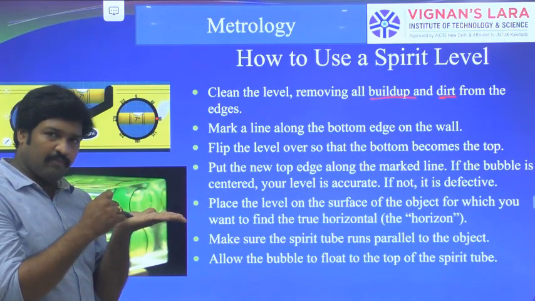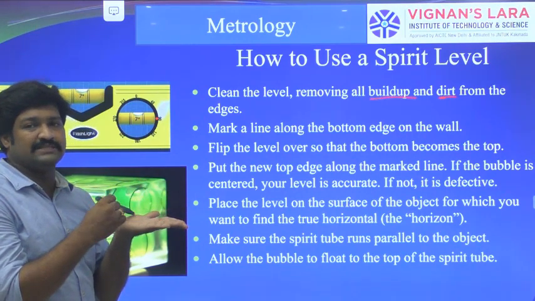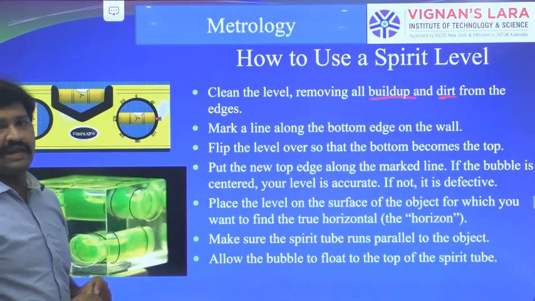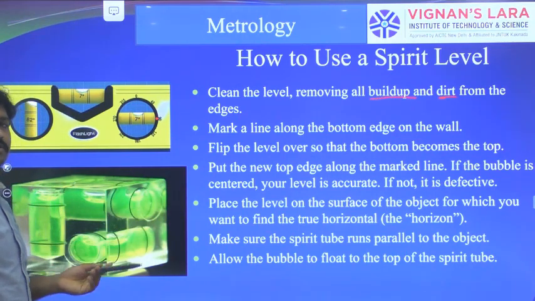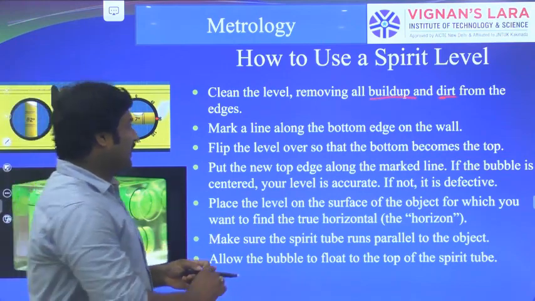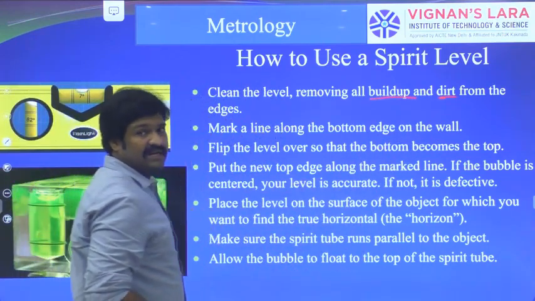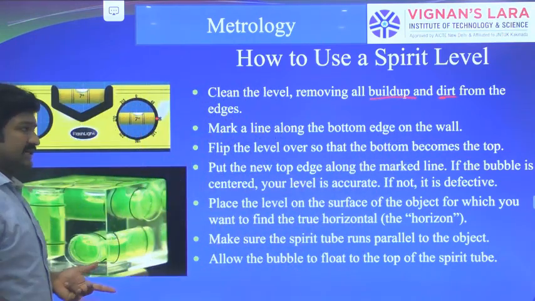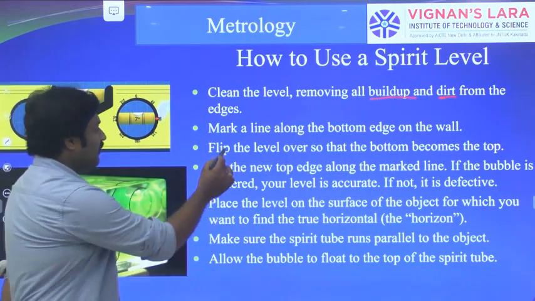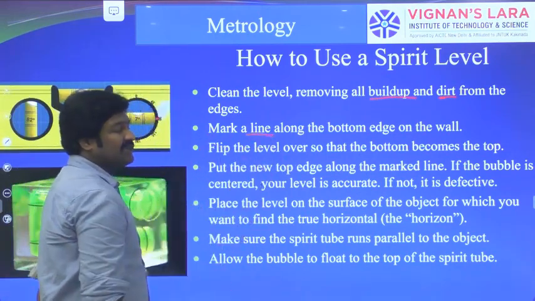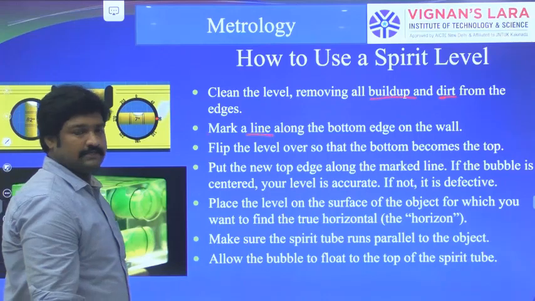Due to one impurity, the component will be aligned inclined, so we can get errors. To avoid those errors, we remove all the dirt from the surface of the components.